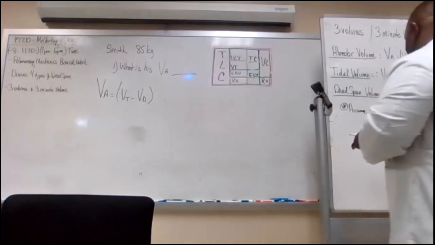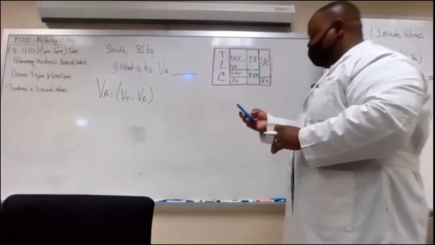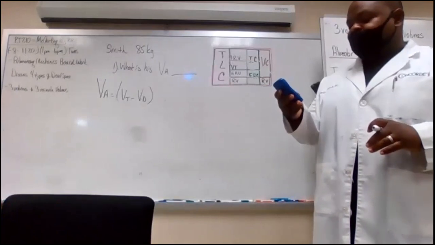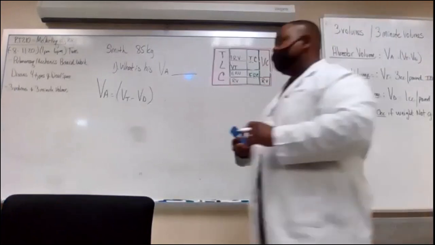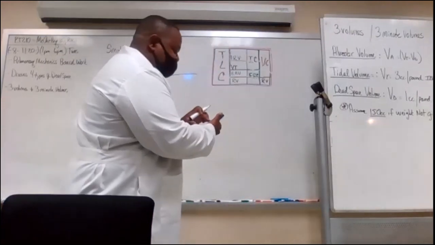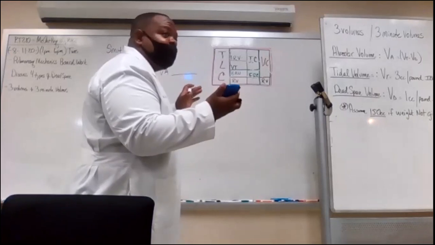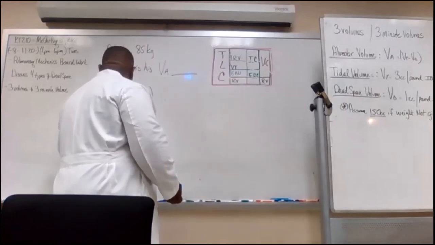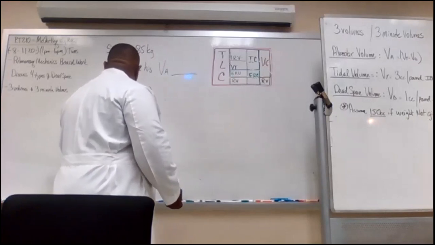But I have kilograms, so I have to convert. 85 times 2.2 is 187. So 187 times 3 to get the tidal volume is 561.